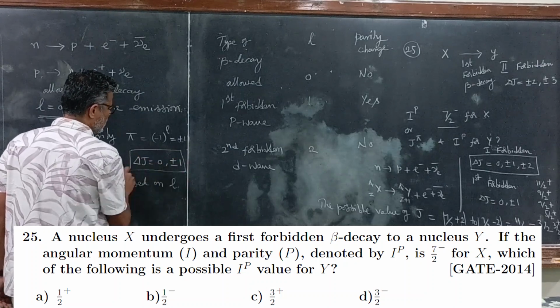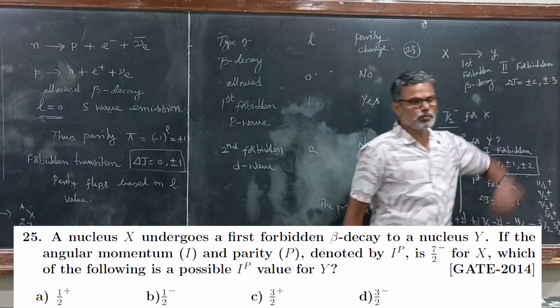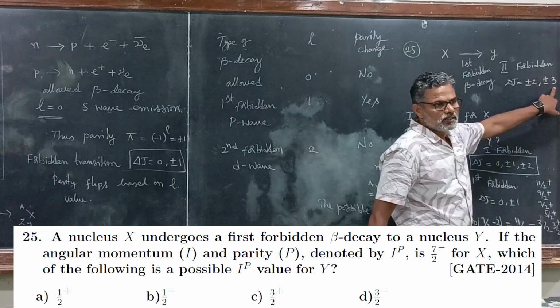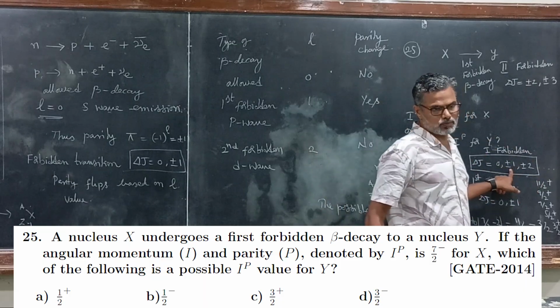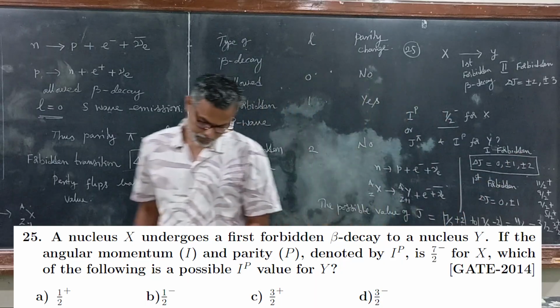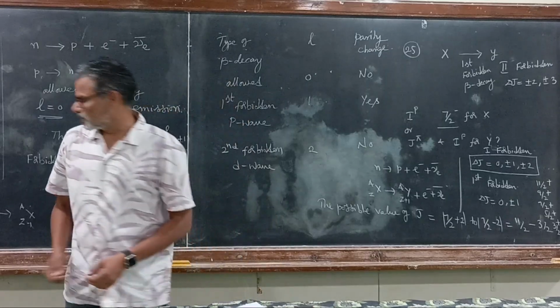This is the condition. The first forbidden includes this. For the second, plus or minus 2, plus or minus 3. The moment you add 2 and 3, since you move in steps of 1, you include even plus or minus 1 also. So that's the point. So the 45th problem is match.